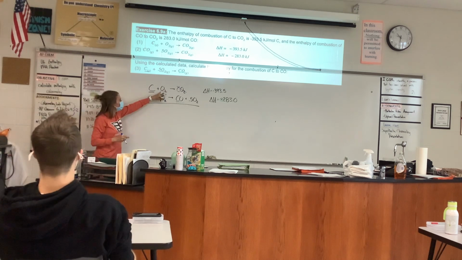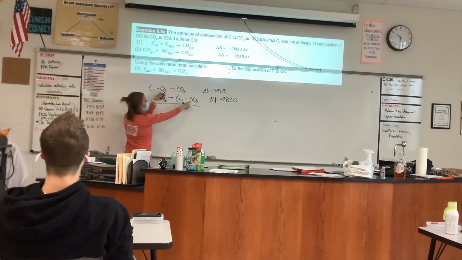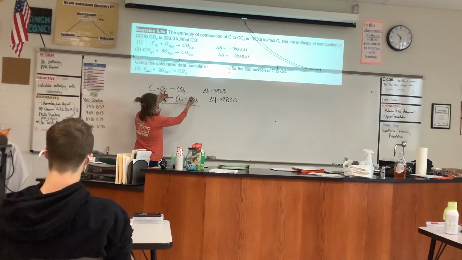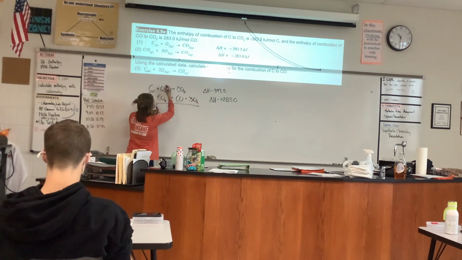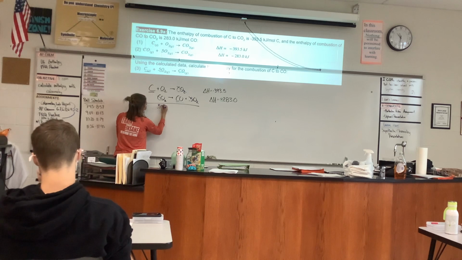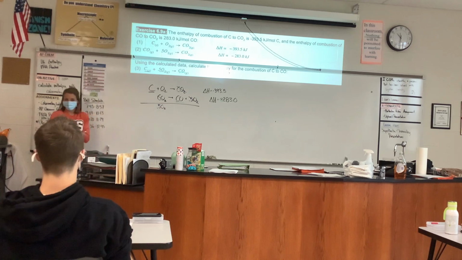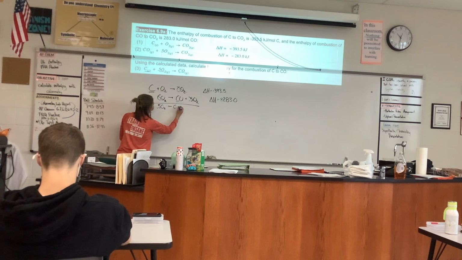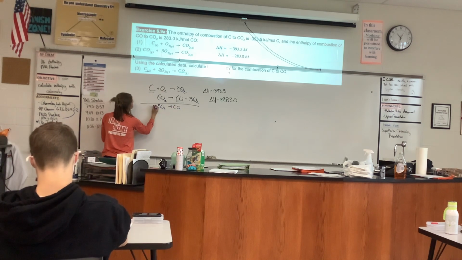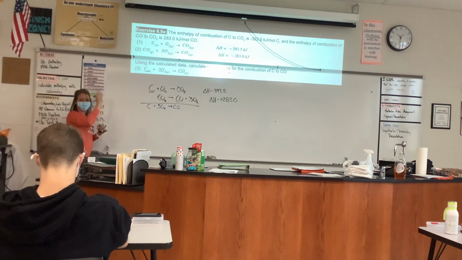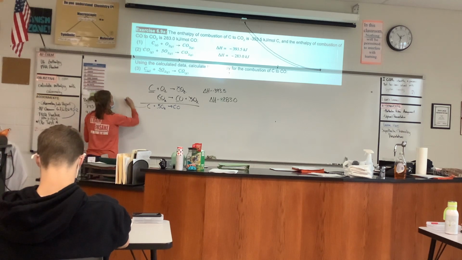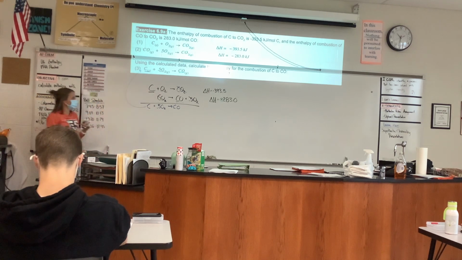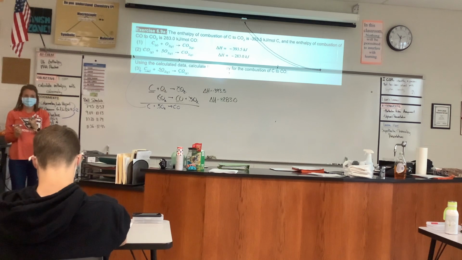Yeah, so there's one O2 on the left, half an O2 on the right, so that will cancel away and I'll be left with half of an O2. I carried down what stayed, and like Gavin did, does it match the goal? Yeah, it does. That's amazing.